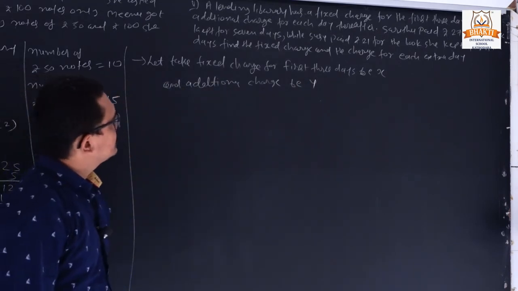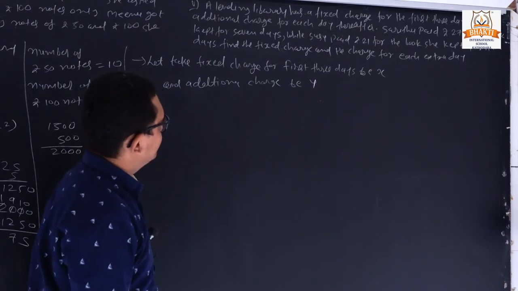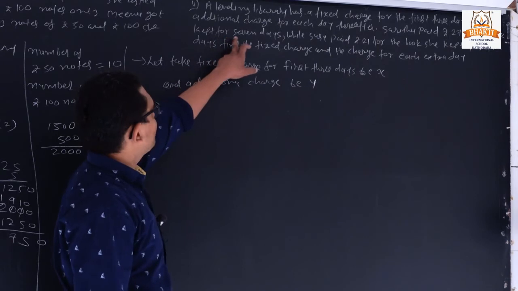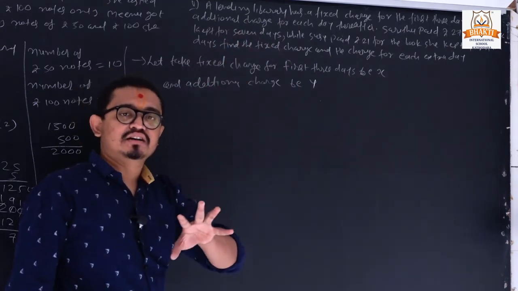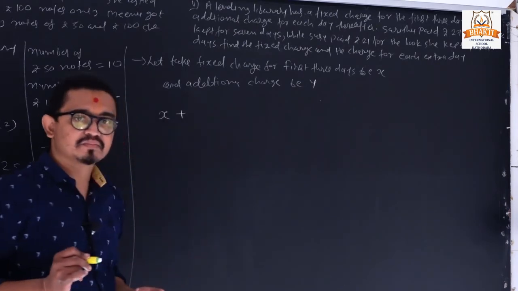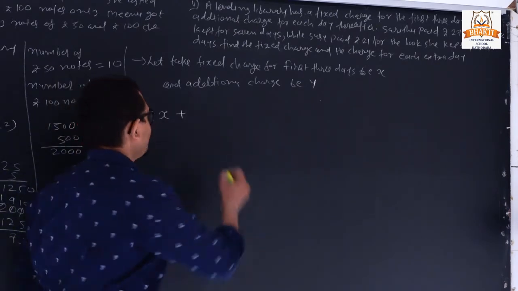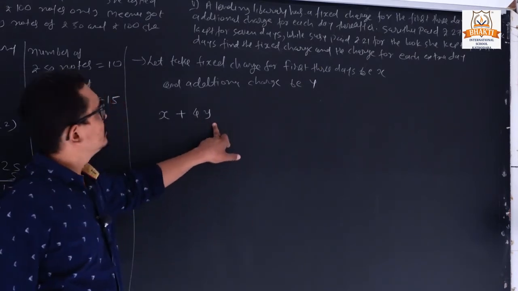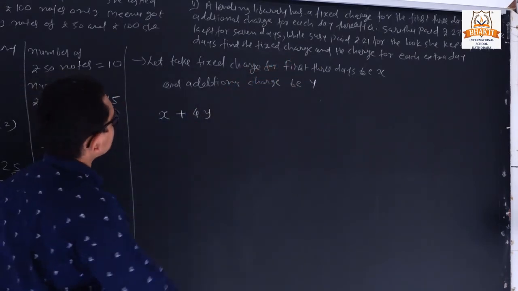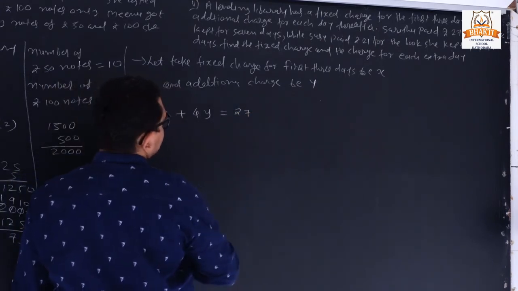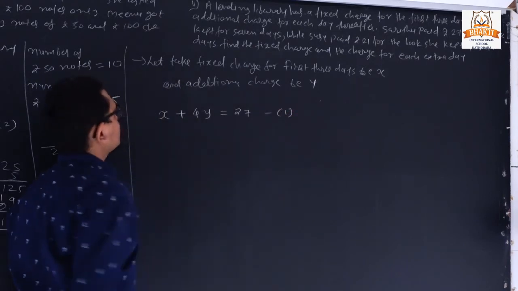Now next, Sarthi paid 27 rupees for a book. She kept the book for 7 days. It means 3 days she needs to pay the fixed charge, and 7 minus 3, so the remaining is 4 days. So 4 into y. She paid 27 rupees. Clear? So it is our equation number first.